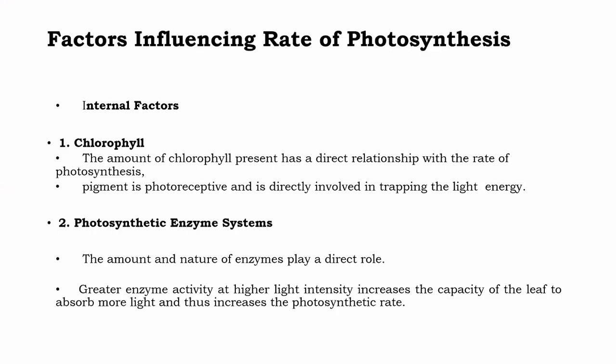Example, the C4 plants have more chlorophyll, so they have more photosynthesis. Then the enzymatic system. In C3, there are 11 enzymes. If the amount of enzymes is more, the activities are also more.